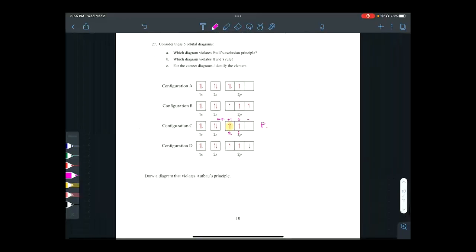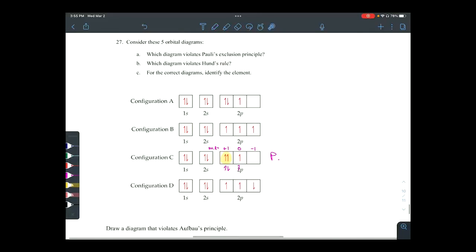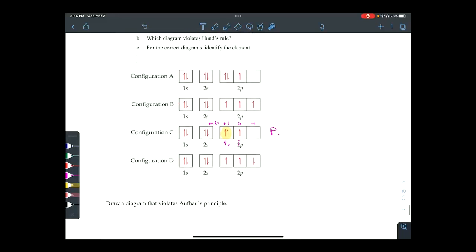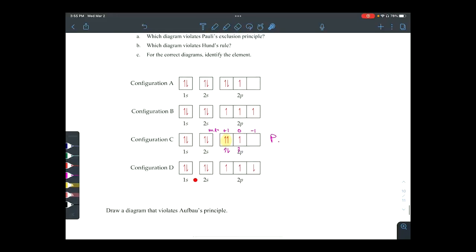Right, okay, so what's the second question? Which violates Hund's rule? A, yeah, so A. And then which is the correct diagram? B, awesome. Oh yeah, actually D also violates Hund's rule.